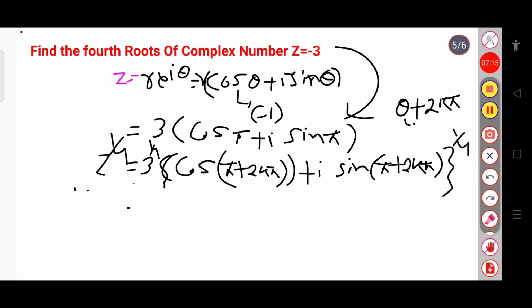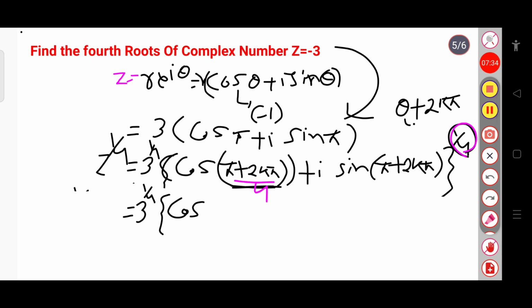So I can simply write this as 3 power 1 by 4 into cos theta plus i sin theta whole power n, where n is equal to 1 by 4 here. So I am multiplying by 1 by 4 here.